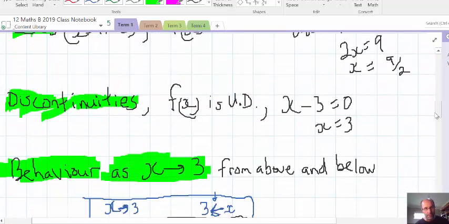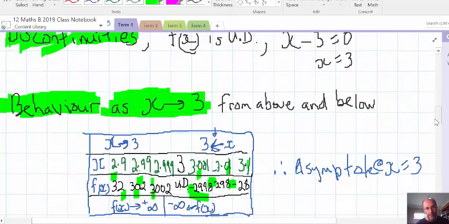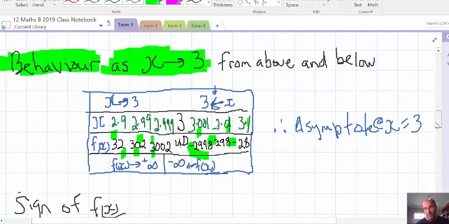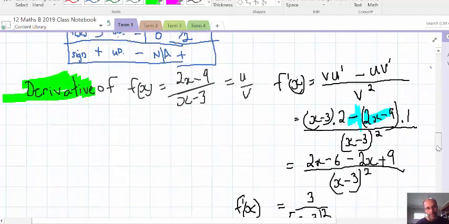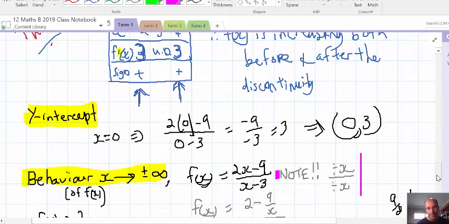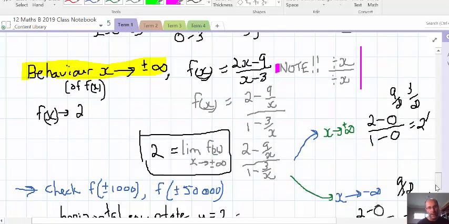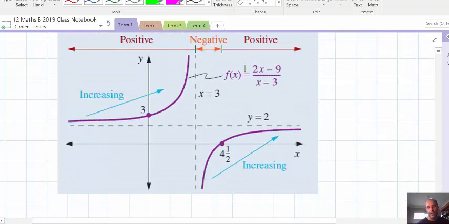Here's an example of a good quality sketch. This is a fairly sophisticated one. What you need to do is put all of the bits together from woe to go: the zeros, discontinuities, the behavior, the vertical asymptote, the signs, and from the derivative the stationary point and the intervals where it's increasing and decreasing, the y-intercept, and that behavior which leads to a horizontal asymptote.